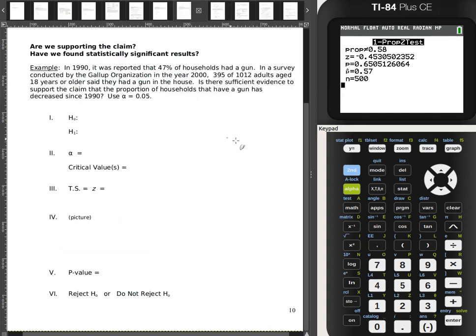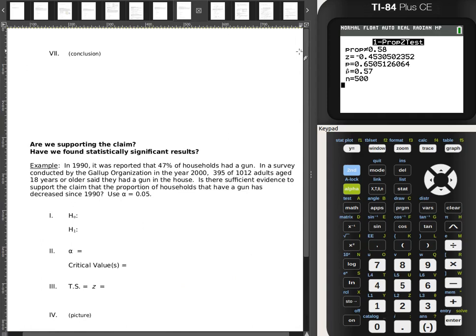If we form a conclusion, we would do the familiar one: there is not sufficient evidence to conclude that the proportion has changed.